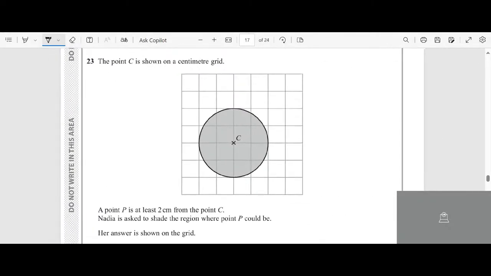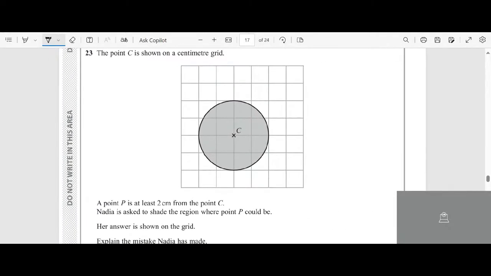You're told the point C is shown on a centimeter grid. A point P is at least, it's very important, at least 2 centimeters from C. Nadia is asked to shade the region where P should be. Some little bit of loci, very basic.